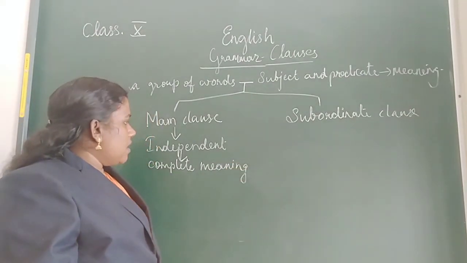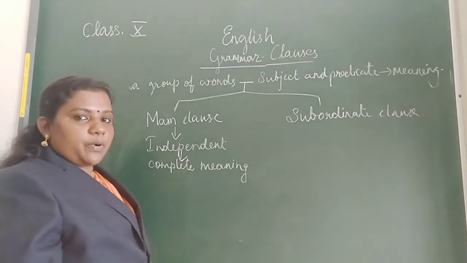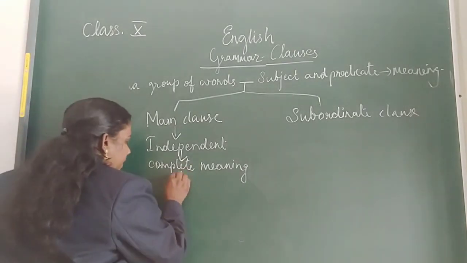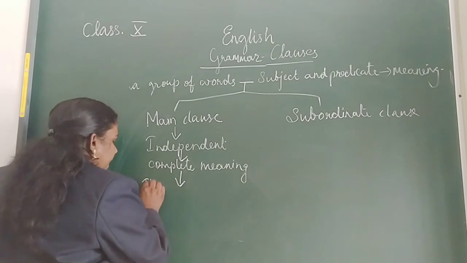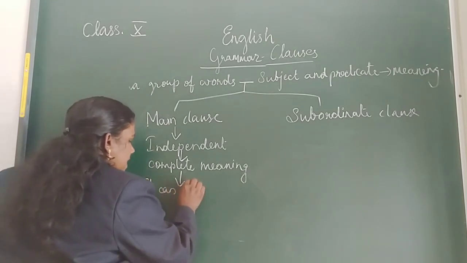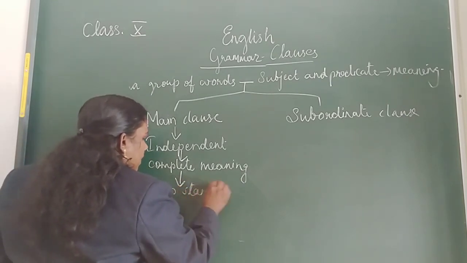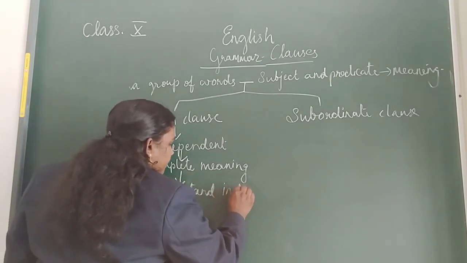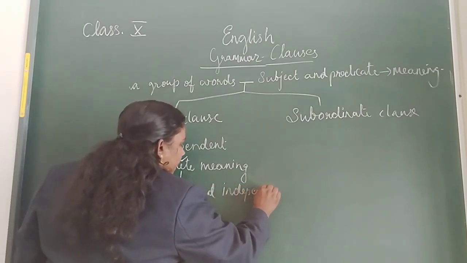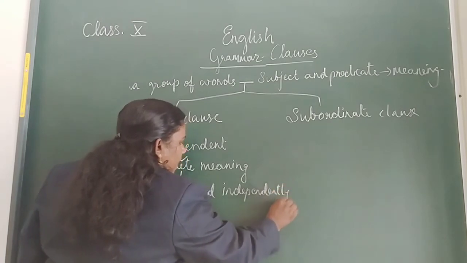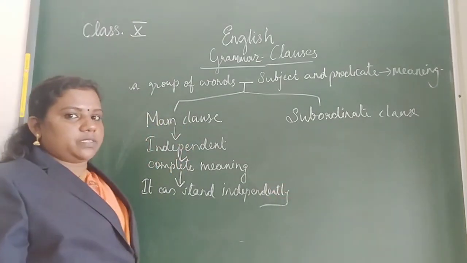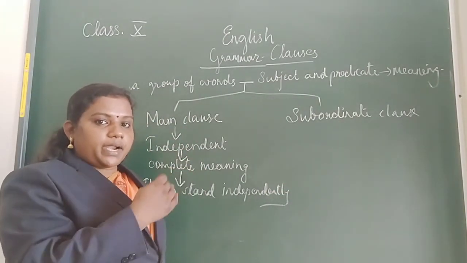Clear, students? This complete meaning means it can stand independently. That's the meaning of independently, and that's the meaning of main clause. So a clause can be divided into two.